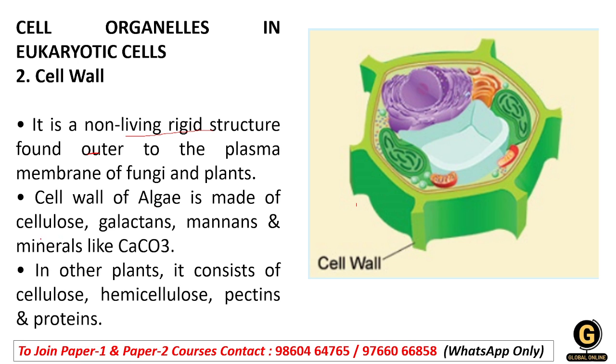In algae it is made up of cellulose, galactans, that is galactose, mannose, and minerals like calcium carbonate. Next, in plants, what is it made of? Cellulose, hemicellulose, pectins and proteins. Now comes bacteria. What is the cell wall of bacteria made of? Please write it down, it will come as an MCQ question. In bacteria the cell wall is made of peptidoglycan. And in fungi it is made up of chitin and fungal cellulose.